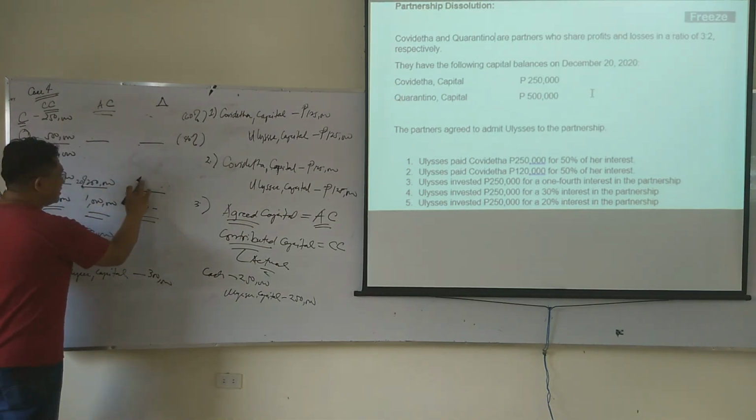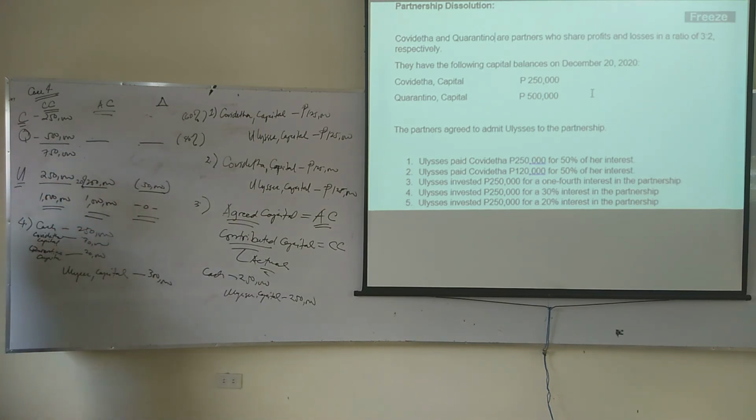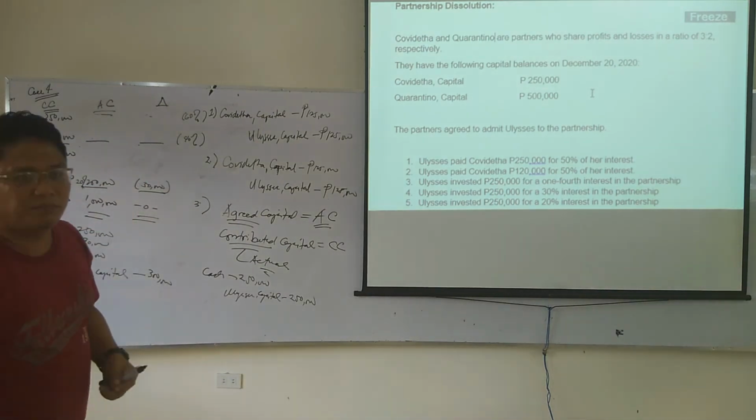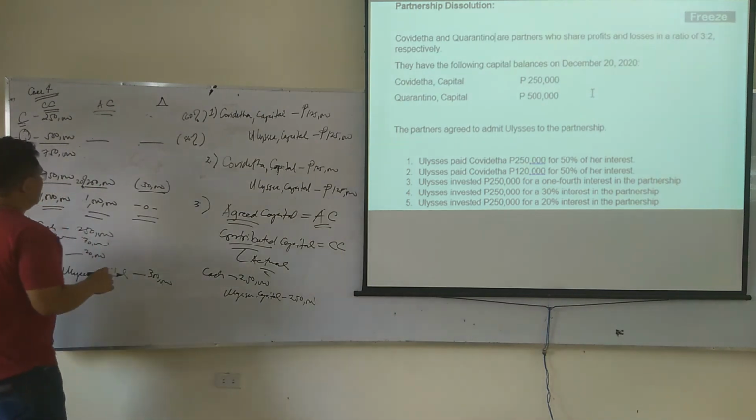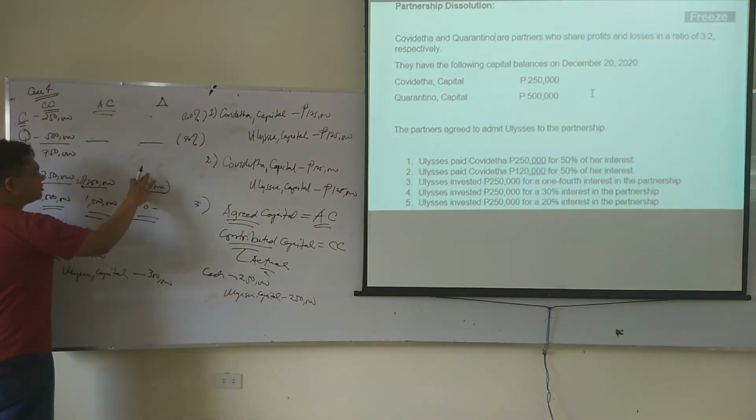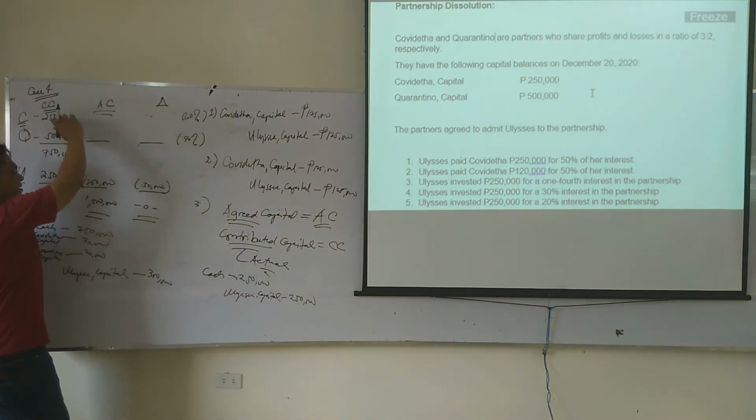That means he will be giving a bonus of 50,000 to the old partners. So this 50,000 now will go to the old partners as their bonus.